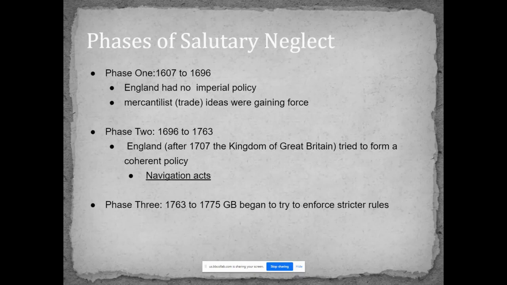But this is where salutary neglect comes into effect here. Because from 1607 all the way to 1763, to a large degree, depending on the colony we're talking about, these colonies governed themselves. So they weren't a lawless place. They weren't unaccustomed to taxes. They had representation within their colonial governments.